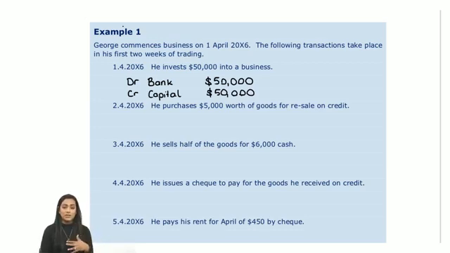So purchases are expenses. So if you buy goods for resale, your purchases go up. But then you bought these goods on credit. If you buy goods on credit, it means you owe your supplier some money. And if you owe your supplier some money, it means you have a liability. So your expense has gone up and your liability has gone up.